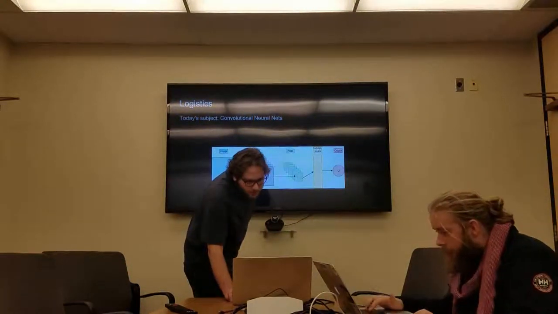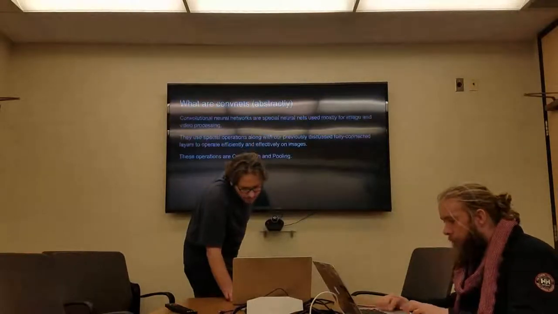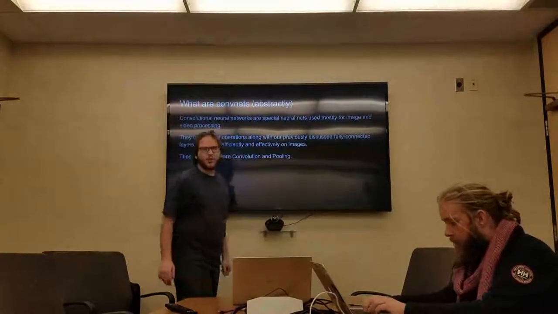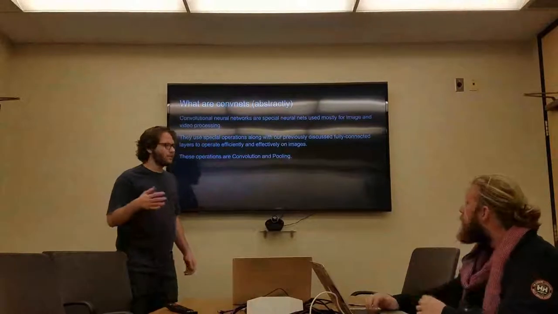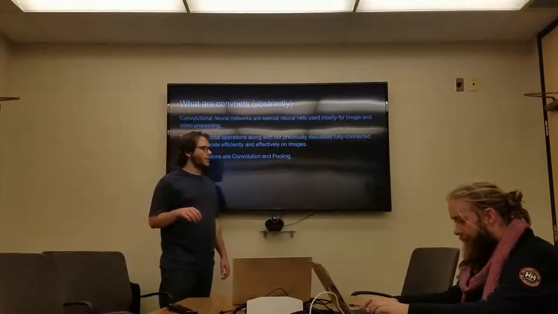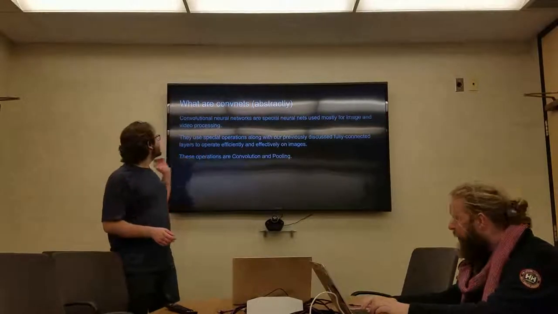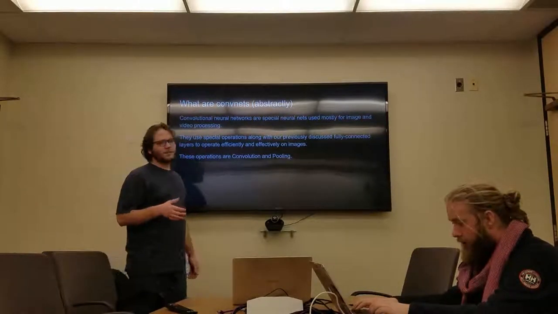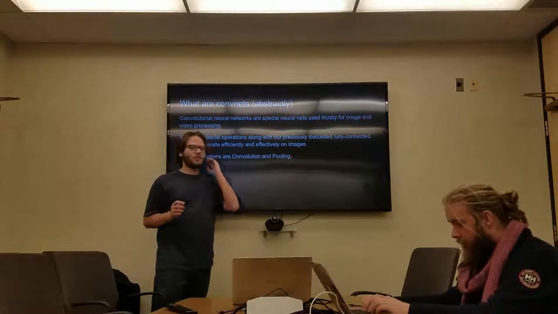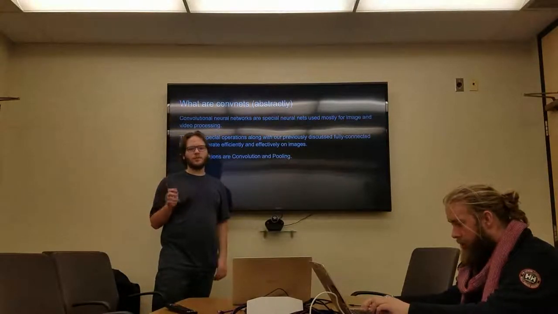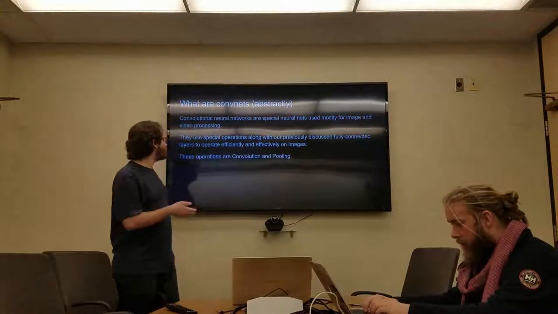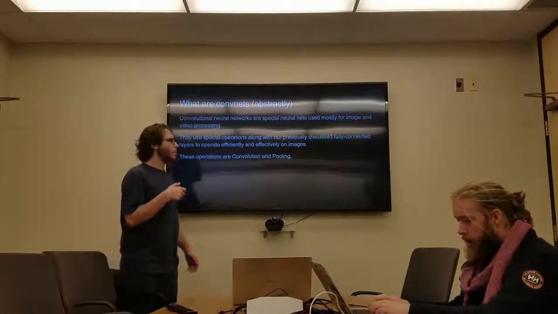And today, the big boy, conv nets. So abstractly, what are conv nets? It's going to be a hard lecture. These are neural networks that are specifically made for images, and they have special operations in them that let them work well on images.